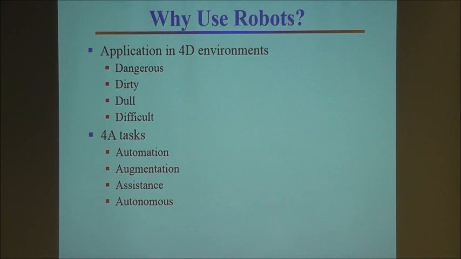It can be used for assistance, like assistive robotics for the elderly and people with disability and so forth. And it can be used for autonomous applications. A good example of that is the Mars rovers that NASA has sent to Mars.